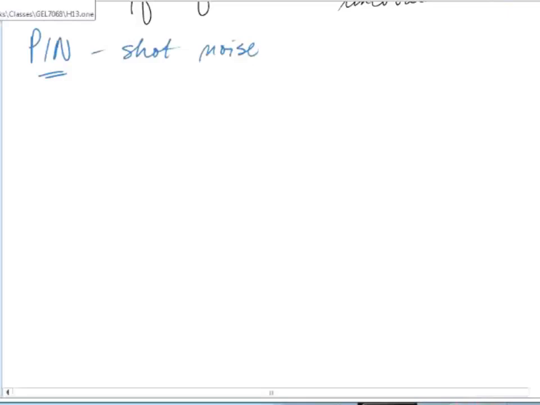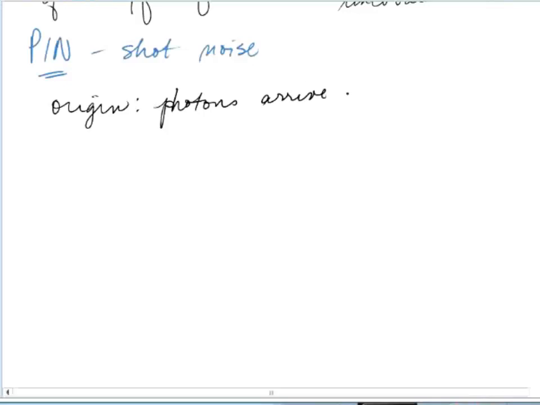The shot noise has its origin in the fact that the photons arrive with Poisson statistics. And time allowing, I'll get into a little bit of the discussion of this origin on Thursday, although realistically I don't think I'll have much time.